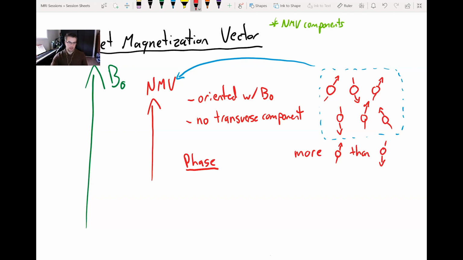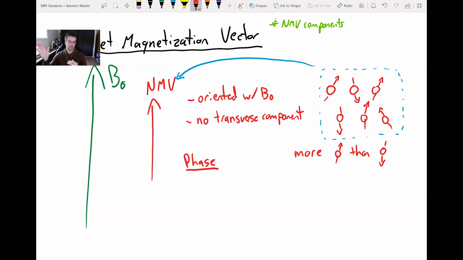But not all of the hydrogen atoms can do that, just because magnetic fields interact, right? And if two objects have the same magnetic field, like a positive pole aligned with a positive pole, they'll repel each other. So there's some interactions there that cause some of these molecules to say, fine, you win this battle, I am not going to be oriented upwards because you already are.